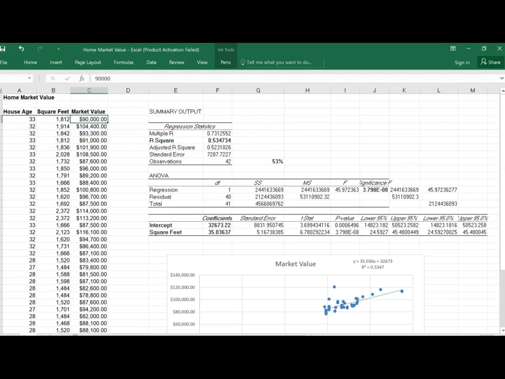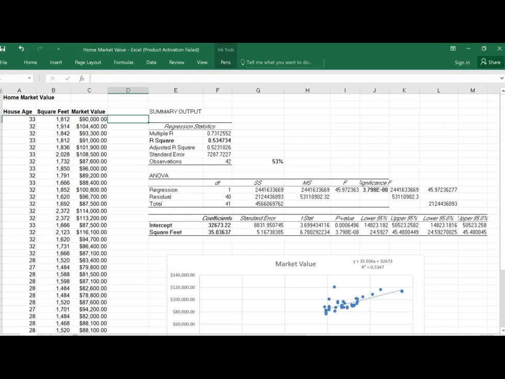What I'm really asking is, is this an observed value of market value? Is it the average market value in the data? Or is it the estimated market value? This is clearly what the actual house is worth.